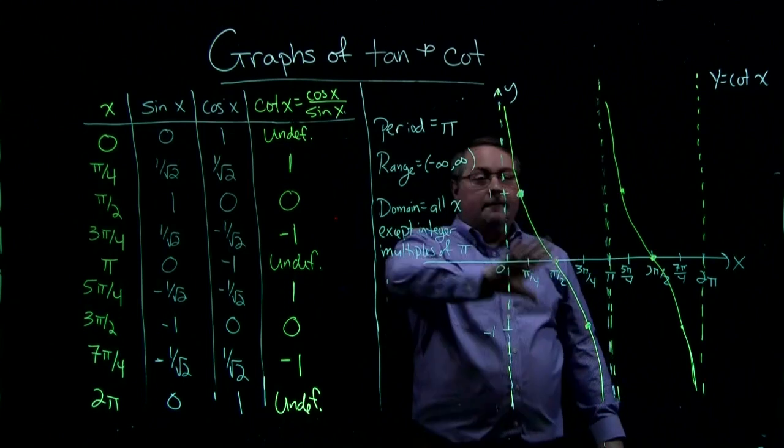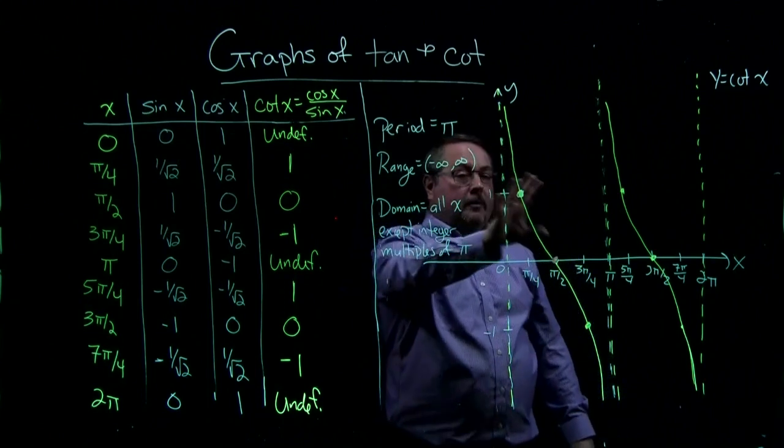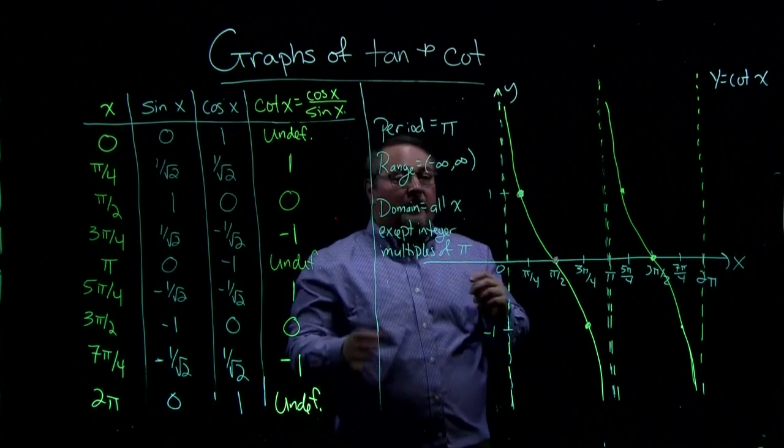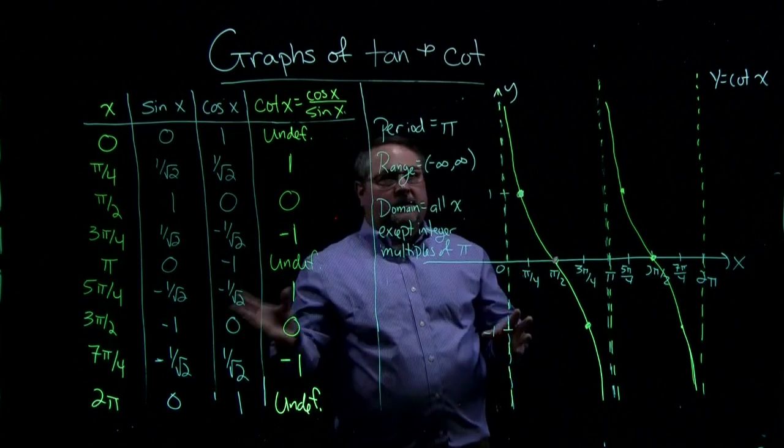So these 5 features, now it's not 5 points, it's 2 asymptotes and 3 points. These take the role of the 5 quarter points for a sine or cosine graph.